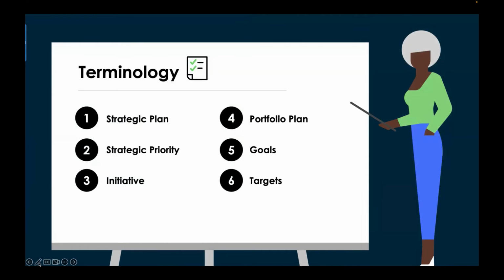Strategic plans are going to outline the vision, mission, and core values. The strategic priority is going to define the strategy to help you operationalize your strategic plan and orient towards your organizational goals. The strategic priorities have also been known as focus areas or long-term strategies.